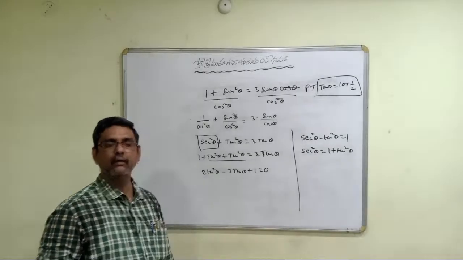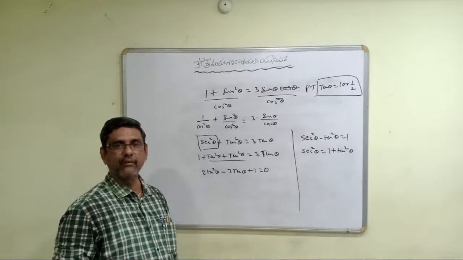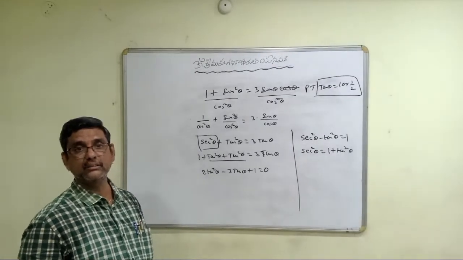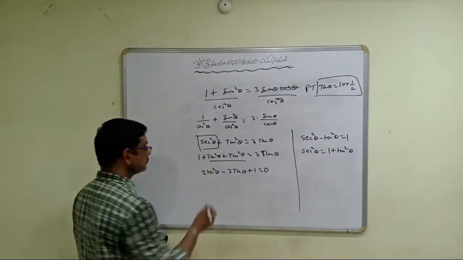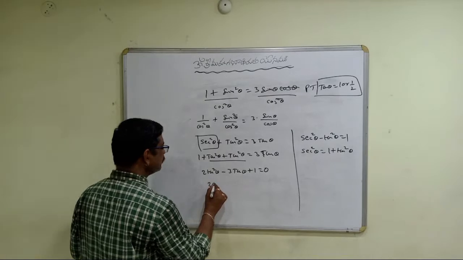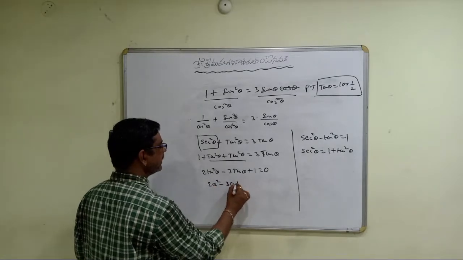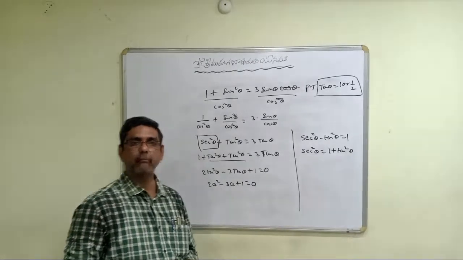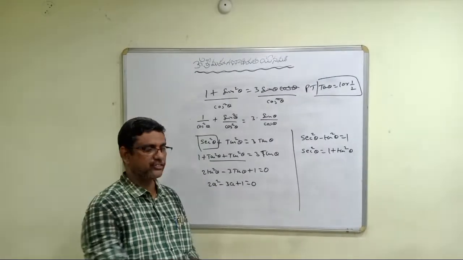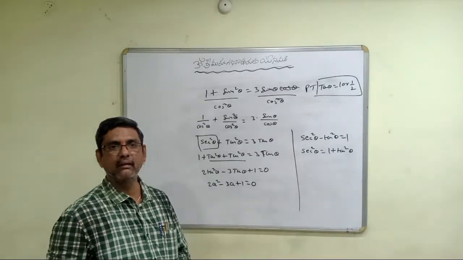We got a quadratic equation in terms of tan theta. So can I write like this: 2a square minus 3a plus 1 is equal to 0? We can do that now.